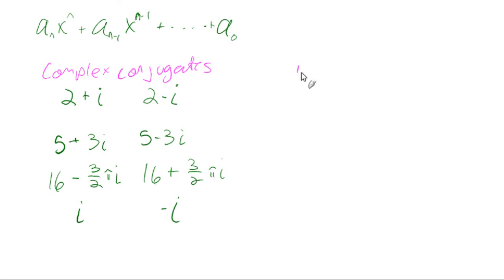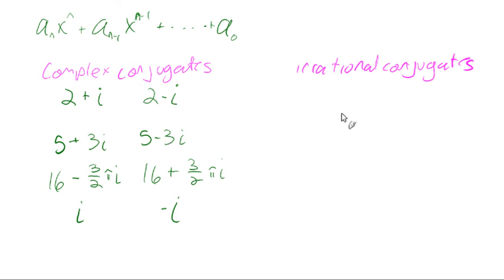Also, we have what's called irrational conjugates. Okay, that would be a zero that you find that is irrational, and usually these will come up from using the quadratic formula.